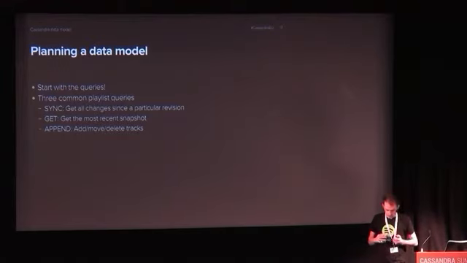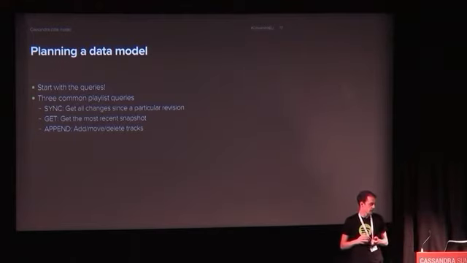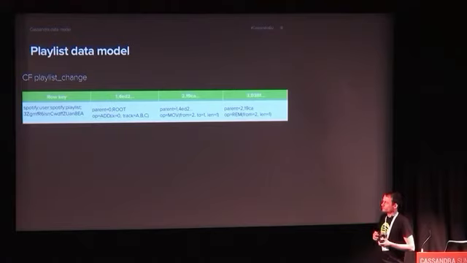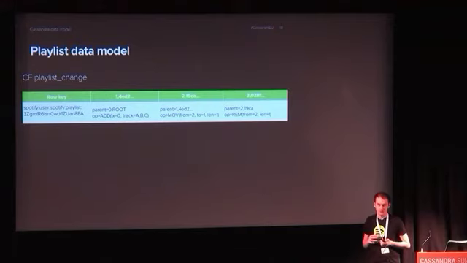So we will start with the sync query. We first need some way to represent this entire graph. So we have a column family called playlist change, where each row is a playlist. So there's 1 billion rows in our database. The primary key is simply the URI of the playlist. That's the unique identifier. Every column is a change.